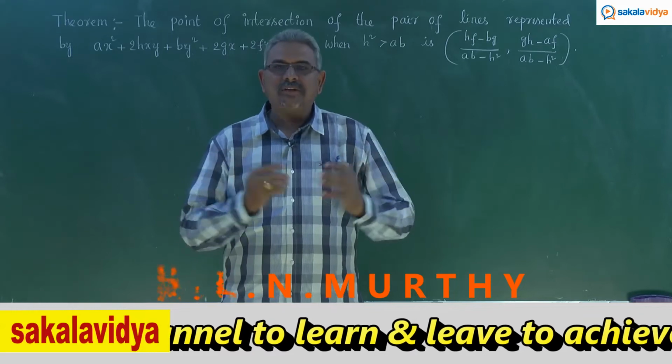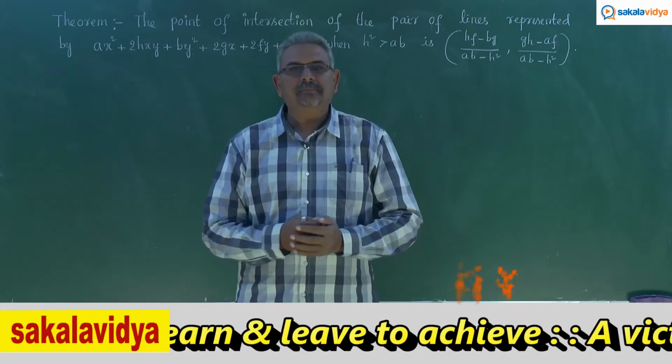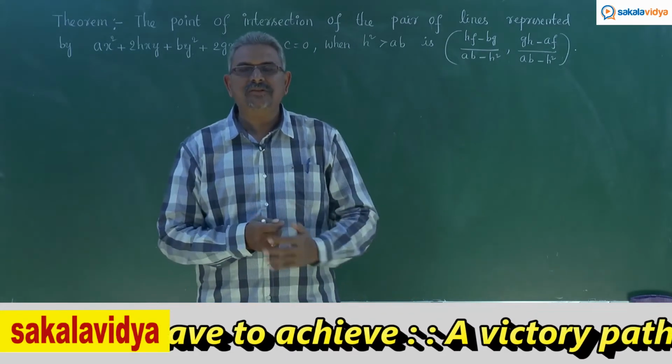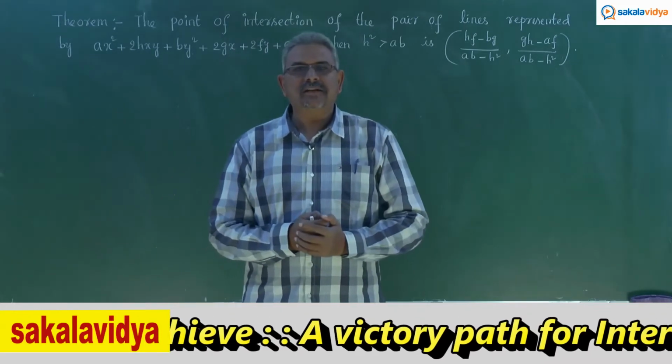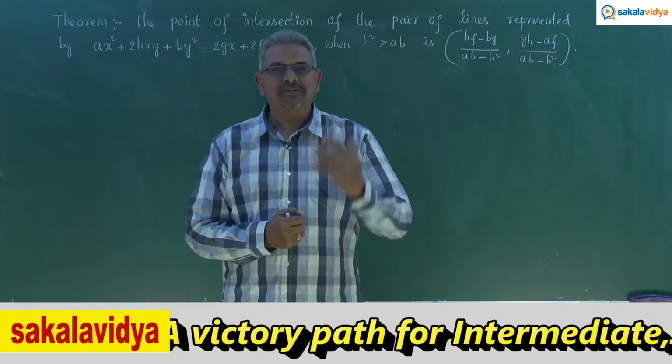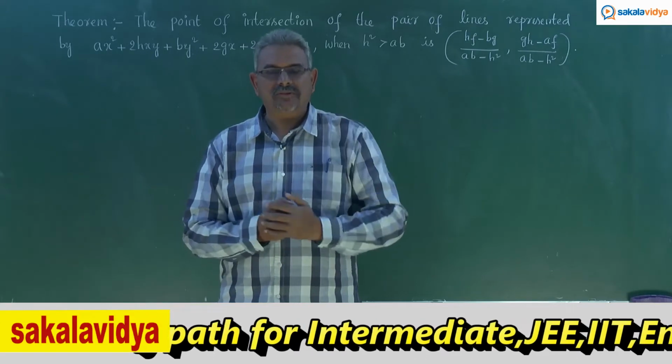let us assume that x1 comma y1 is the point of intersection of the pair of lines, which is represented by ax square plus 2hxy plus by square plus 2gx plus 2fy plus c is equal to 0.